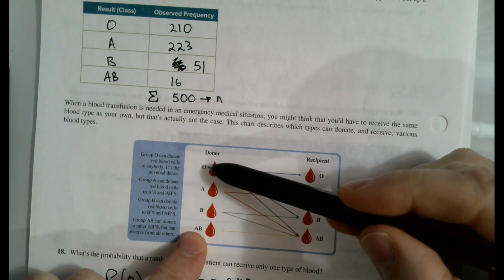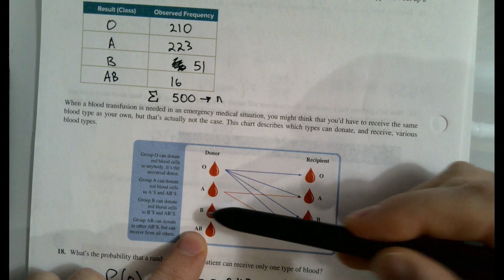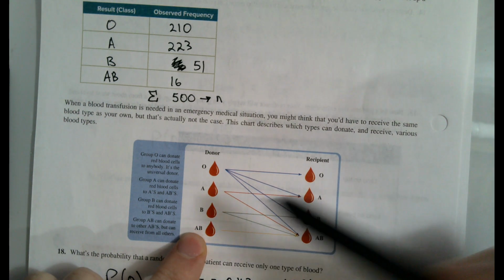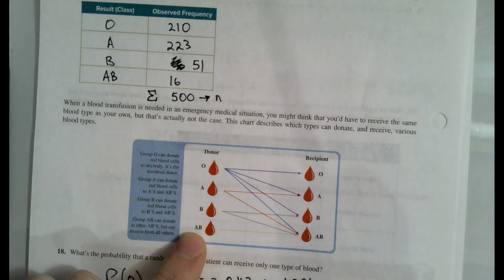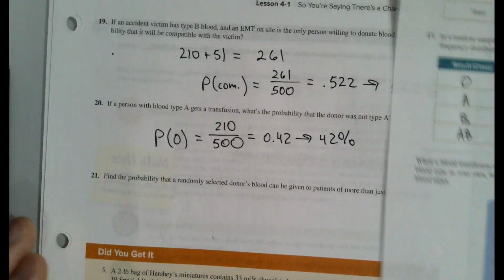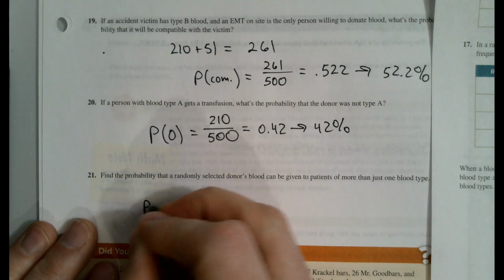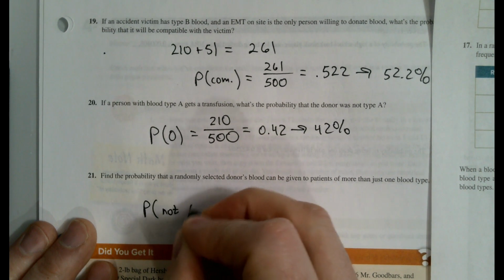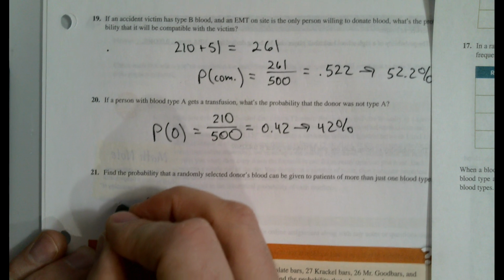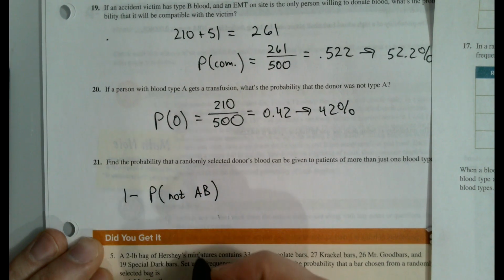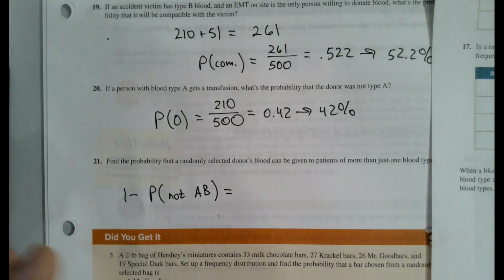We could add up O, A, and B, and that would be it. Or we could just do 1 minus the probability of AB, which is the one I'm going to do. Because AB is the only one that can give to only one type. So we're going to say 1 minus not AB is the probability you can give to more than one type.